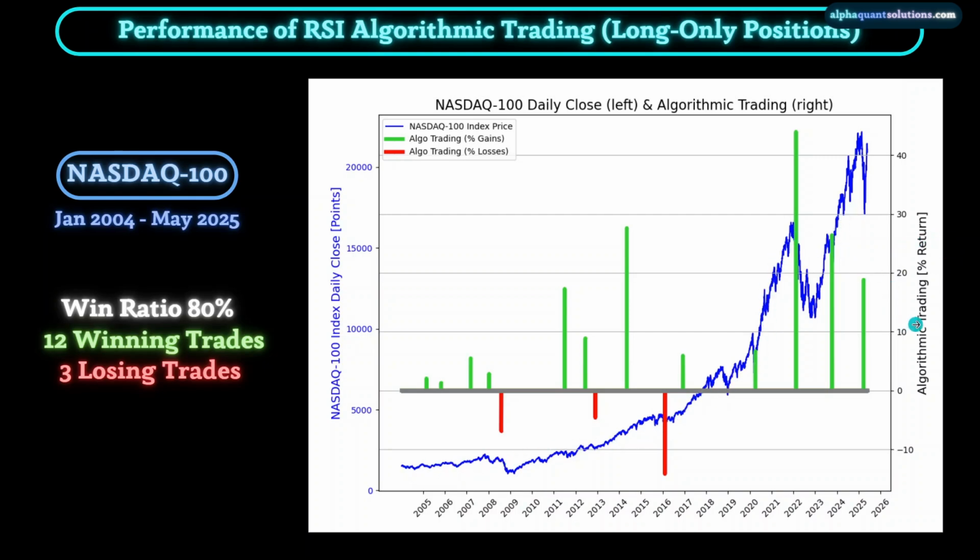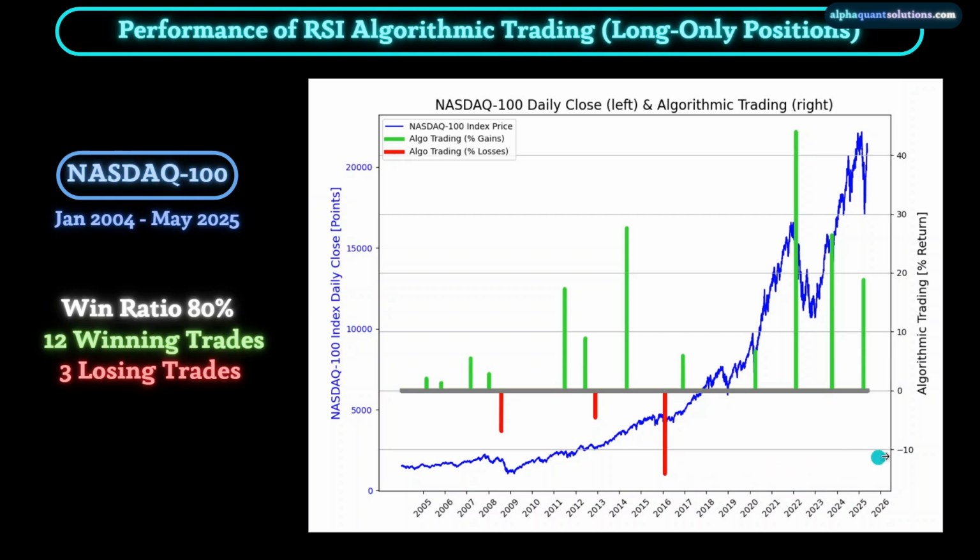And the right y-axis shows the percentage gain or loss for each trade, as a percentage of the entry position. And the bars show the moment we close the trade, so how much did we win or lose on the entry.